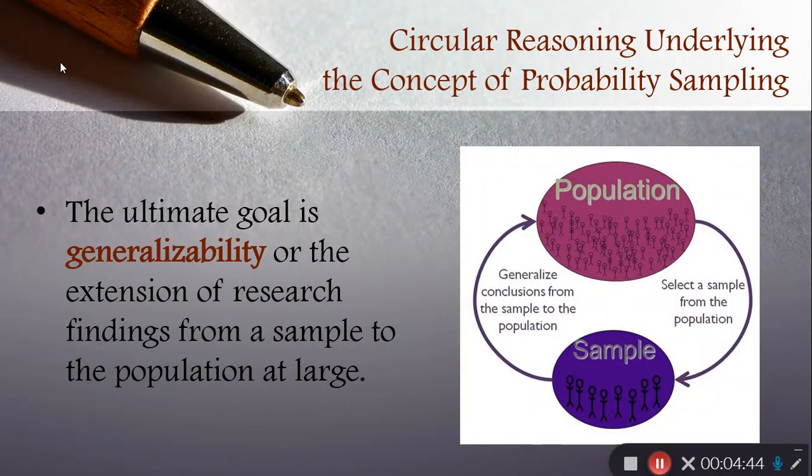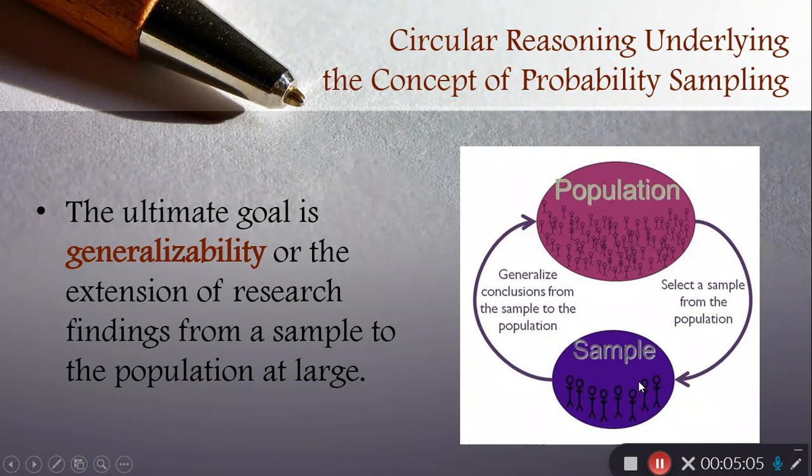So there's this circular reasoning underlying the concept of probability sampling in particular. So the whole idea here is that because we typically cannot study larger target populations, we select a sample from the population.